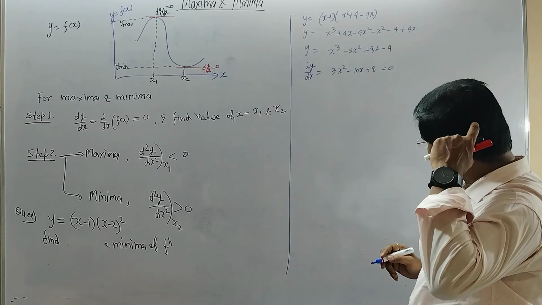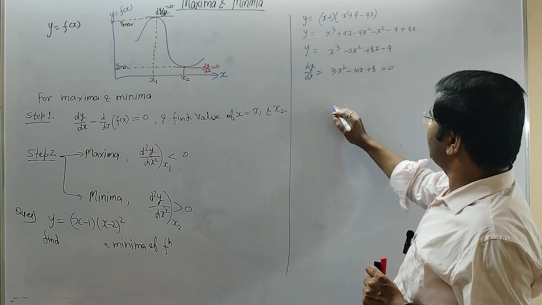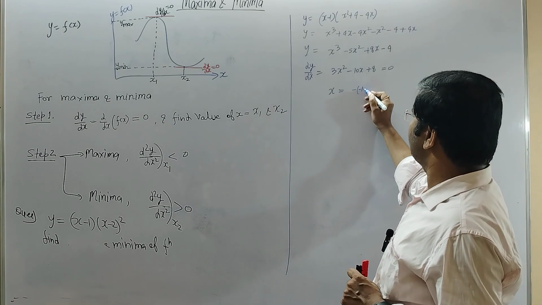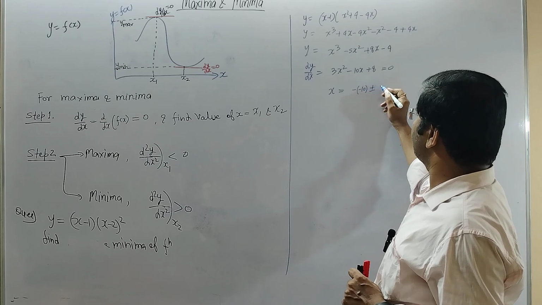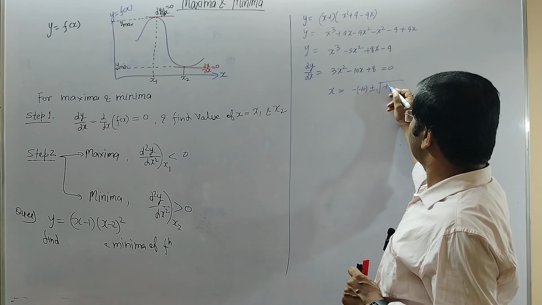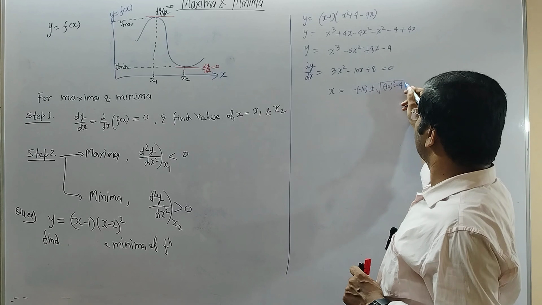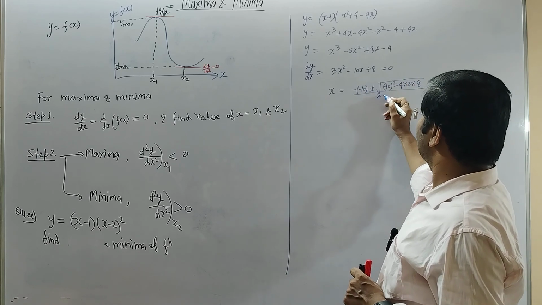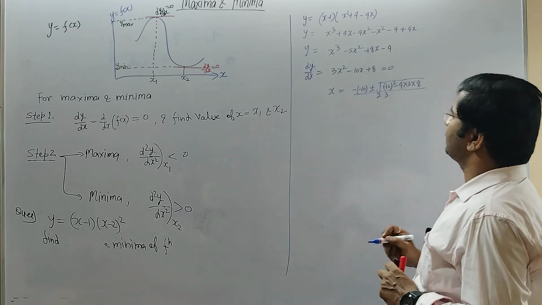So when I am putting this equal to 0, this is a quadratic equation, so minus b plus minus under root b square minus 4ac upon 2a. Okay, so this is x I'm getting.